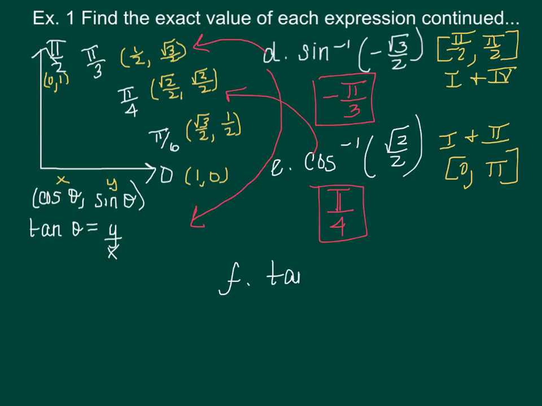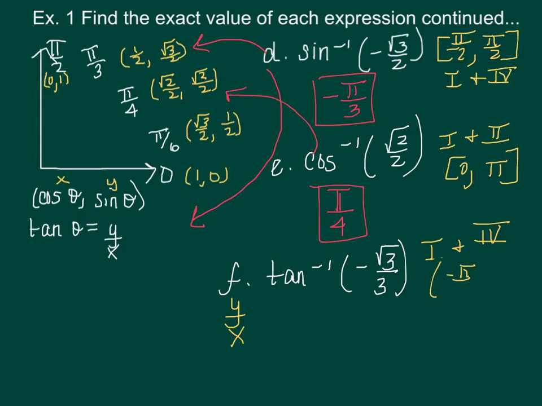Tangent inverse of negative square root of 3 over 3. Remember, tangent is tricky because you have to divide the y over the x. And we can only look in quadrants 1 and 4 again, not including our two values or angles.